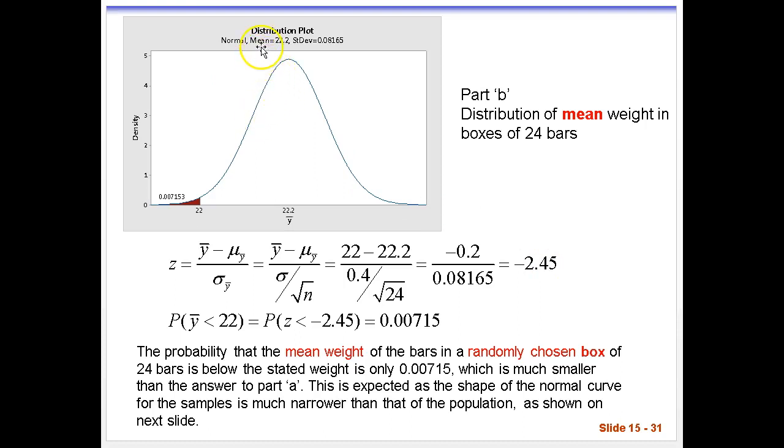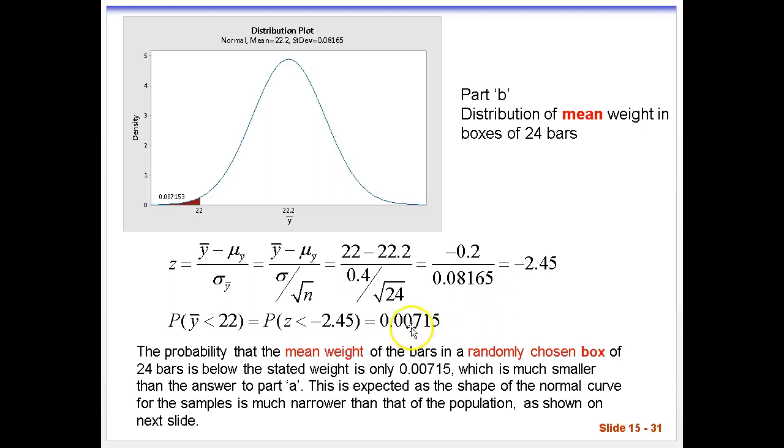And right up at the top here, so pay attention there, the mean is 22.2, but the standard deviation this time is something considerably smaller at 0.08165. And Minitab tells me that all the area to the left of a y bar value of 22 is 0.007. So now this probability is a lot smaller.